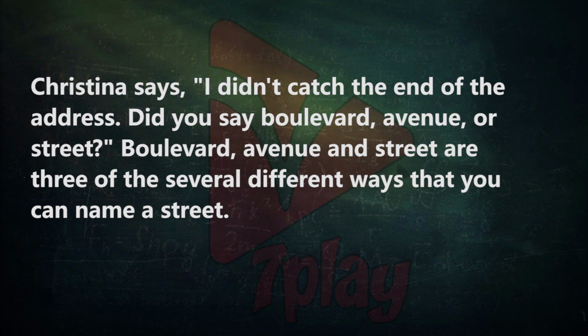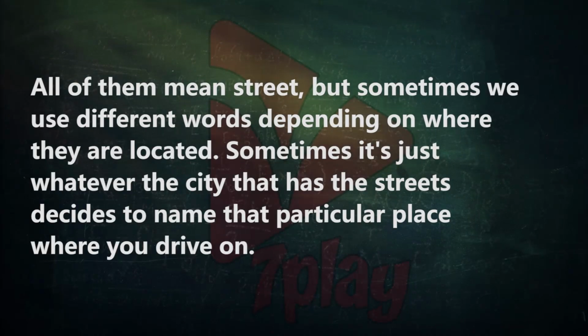Boulevard, avenue, and street are three of the several different ways that you can name a street. All of them mean street, but sometimes we use different words depending on where they are located. Sometimes it's just whatever the city that has the streets decides to name that particular place where you drive on.